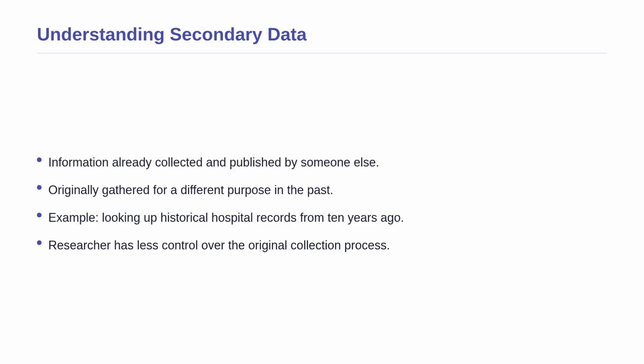If our same scientist decides to look up historical blood pressure records from a hospital's database from 10 years ago, they are utilizing secondary data. The fundamental difference here lies in the origin and ownership of the data collection process. When you use secondary data, you are relying on someone else's work, which means you have less control over how the information was originally gathered.